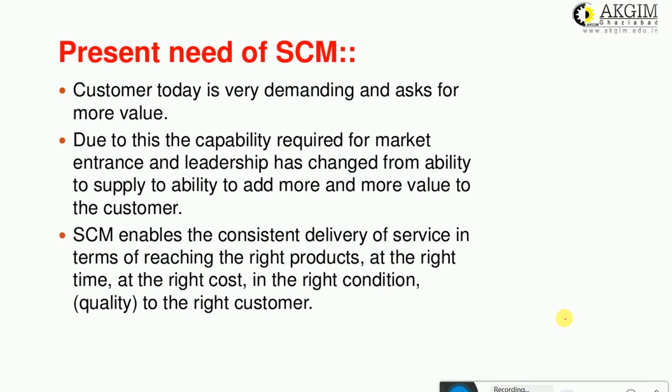This is the scenario at the time of the COVID-19 pandemic, where companies are focusing more on delivering products, right? So SCM enables consistent delivery of service in terms of reaching the right products at the right time, at the right cost, in the right condition, I mean the quality, and to the right customer.